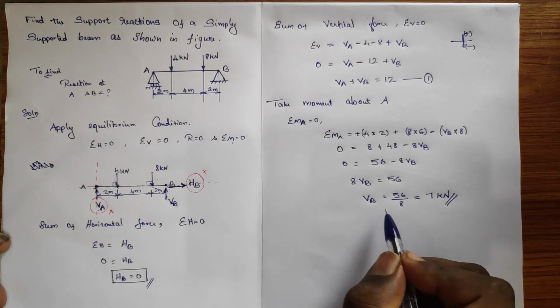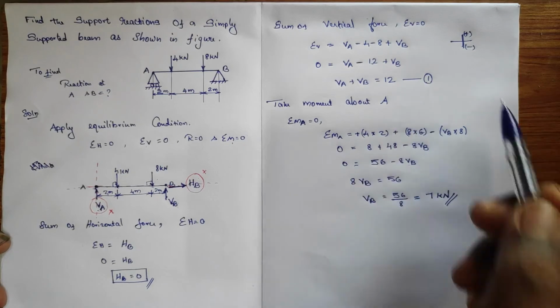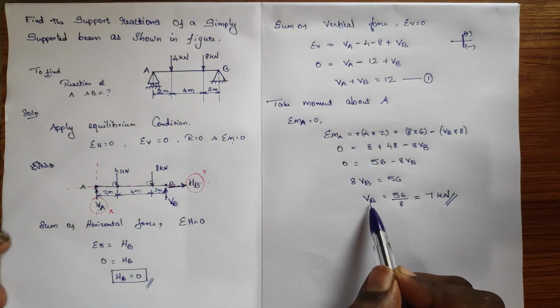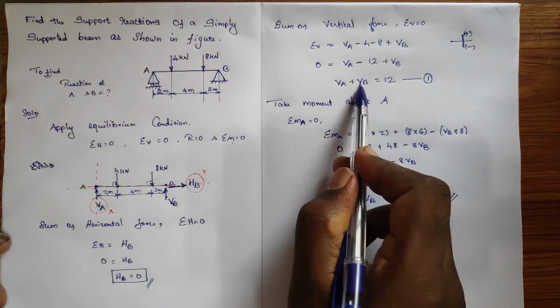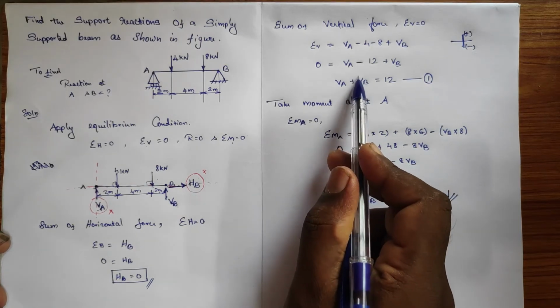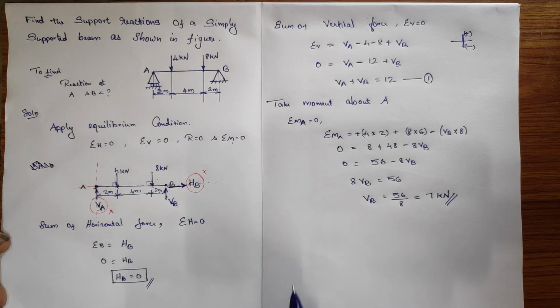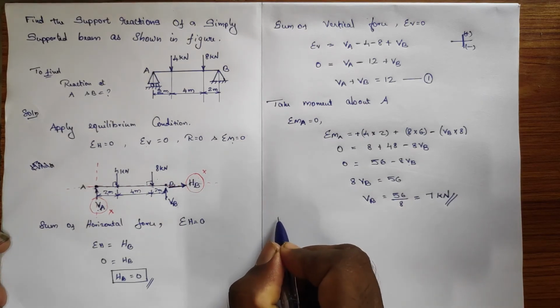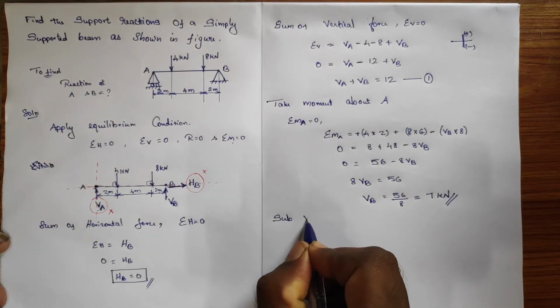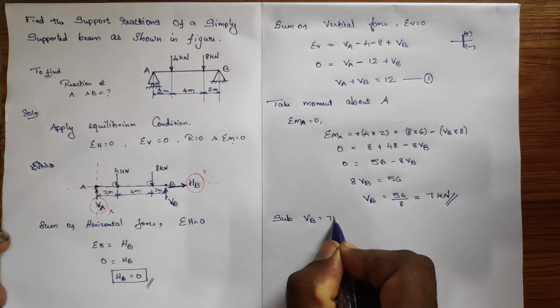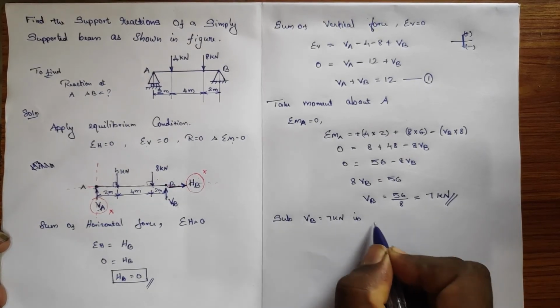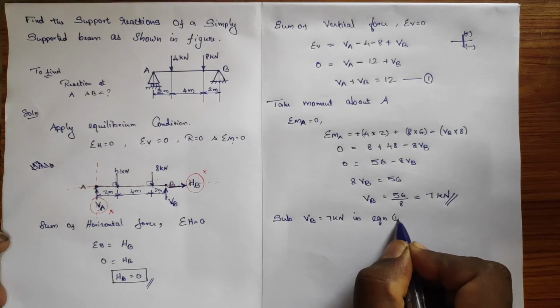So what we can do here, equation 1 is there, right? We can just substitute this VB in equation 1, so that we get the answer for VA. So here I'm going to substitute VB equal to 7 kilonewton in equation number 1.